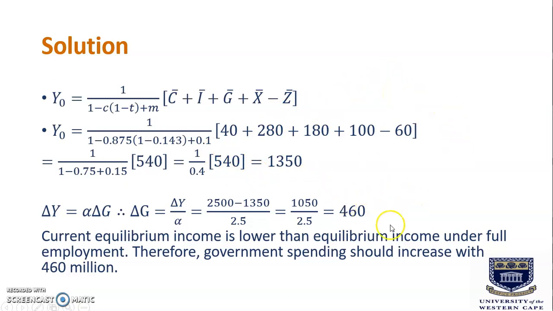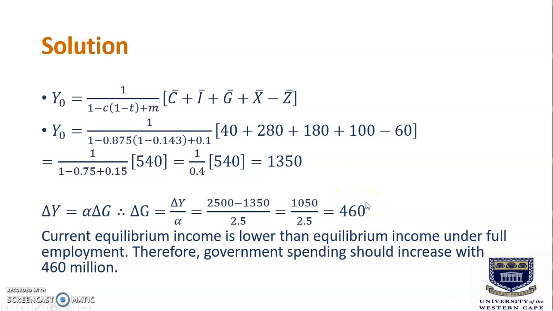And so this is the gap, that difference. So this is by how much government spending should increase in order to reach full employment. So in order to move from Y0 to Y1, for example, like in the graph, it means that government spending should increase by 460 million in order to move to full employment.